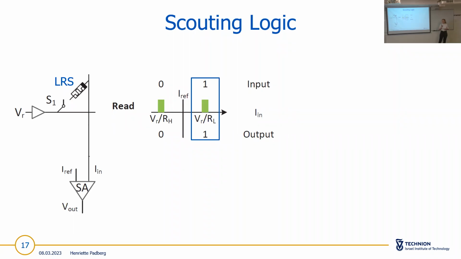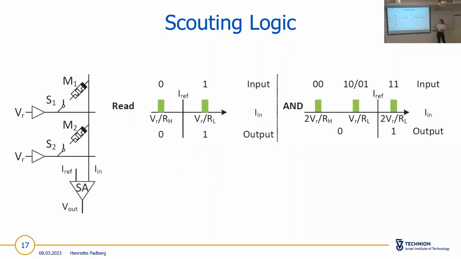And exactly the same we will do now for 2 cells, but here we now have different input combinations. We can have, for example, both cells in the HRS, both cells are 0, so it's the case 0,0, and we measure a low current. If both cells are in LRS, the current is very high, and if one of the cells is in LRS and one is in HRS, we have a median current.